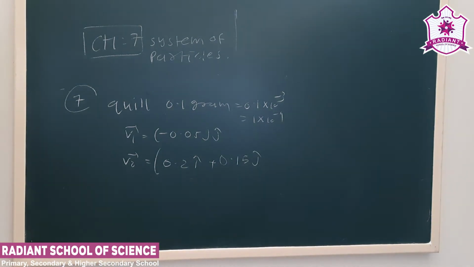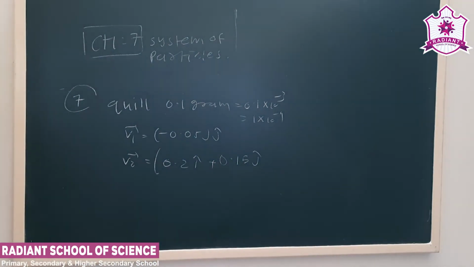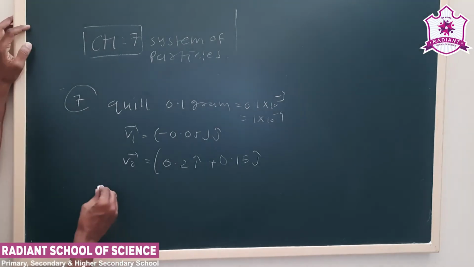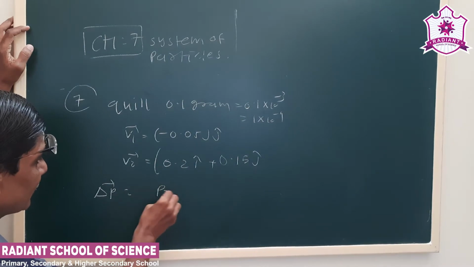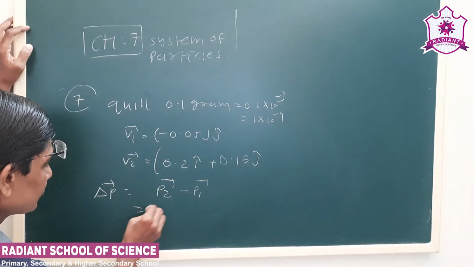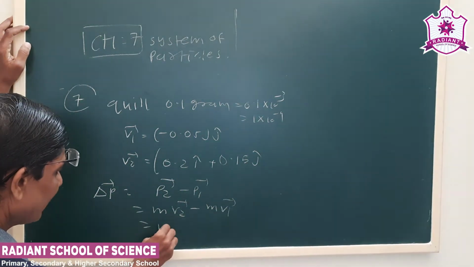What will be the change in momentum? Now see, delta P we have to find out, that is change in momentum will be m into v2, that is P2 minus P1. Now m we can take common.